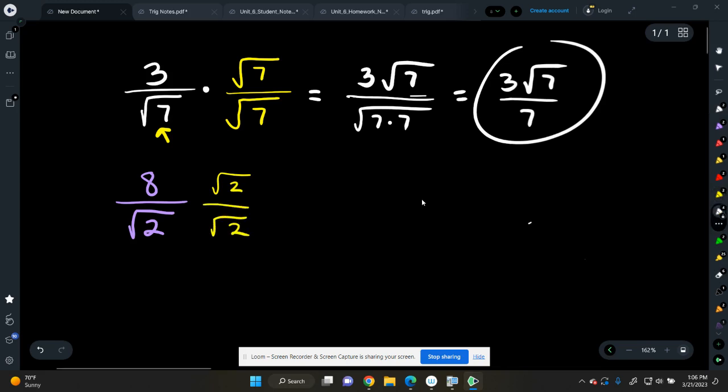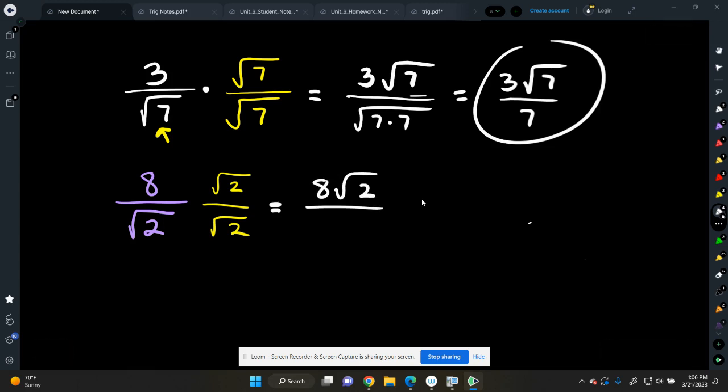So on the top, we get 8 square root of 2. And on the bottom, what do we get? 2. That's it? What do you think?